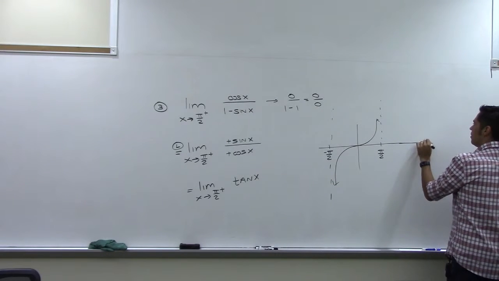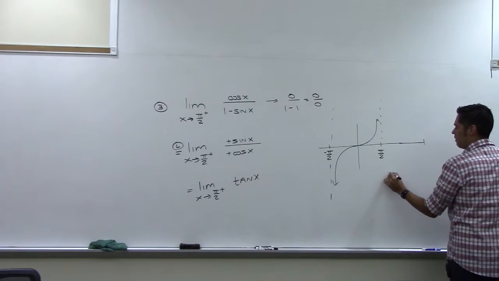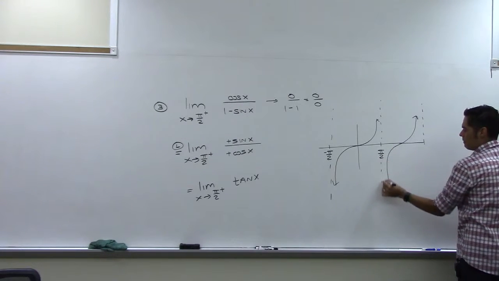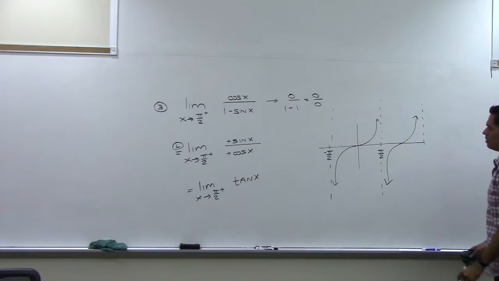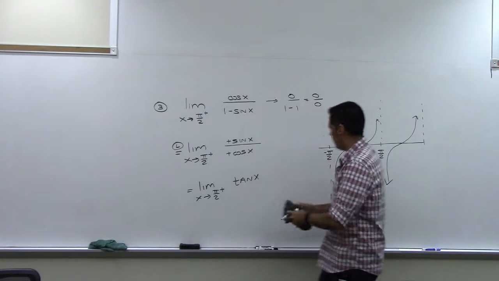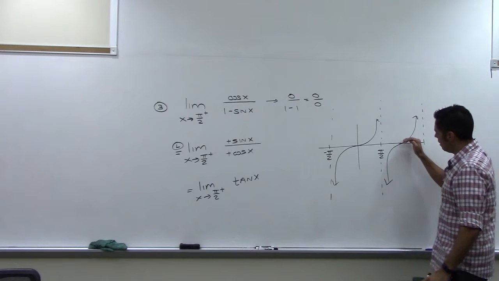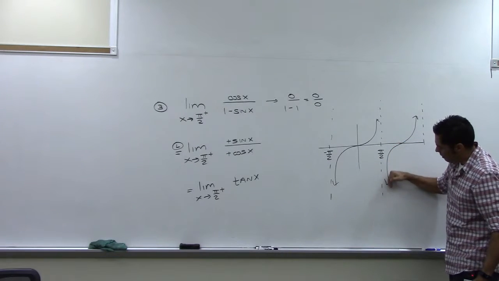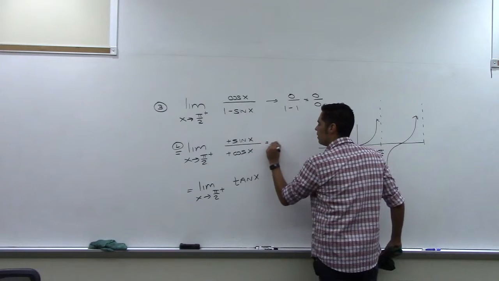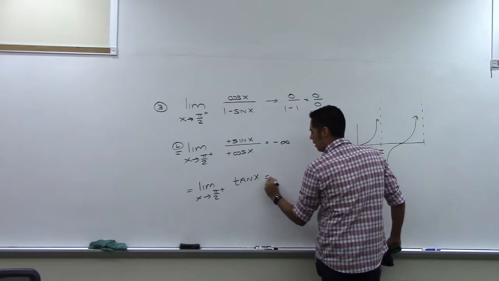And then what happens is it repeats itself. It does the same thing over here. Vertical asymptote here and here. So what happens on the tangent function as I approach pi over 2 from the right? So here's pi over 2 from the right. I'm on the tangent function. I'm headed towards negative infinity. So this thing goes to negative infinity.